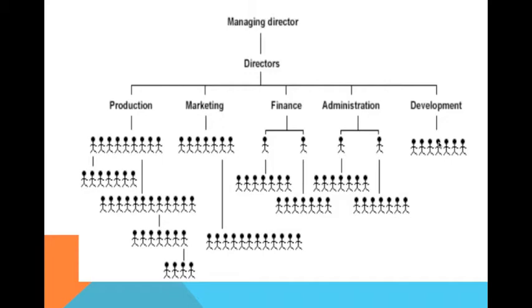For example, the production section will have more employees than, for example, the development section. And this is because the production sector is responsible for creating and manufacturing the products. There is a demand to be met. Unlike the development sector of the business, which has few but well-trained and knowledgeable employees working to further develop the company's product.